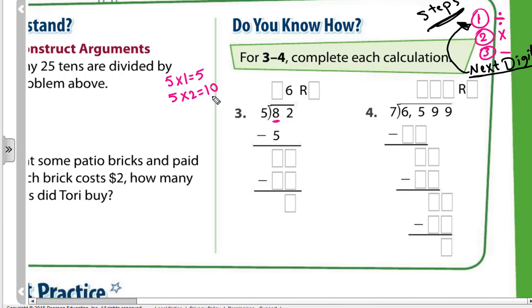No, so we should use 5 times 1. When we divide 8 by 5, the quotient is 1, and we have a remainder. We don't need the remainder now, but the quotient is 1, right? Okay, so I will write here 1.